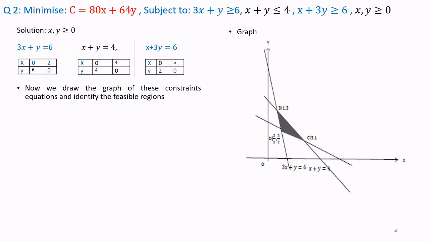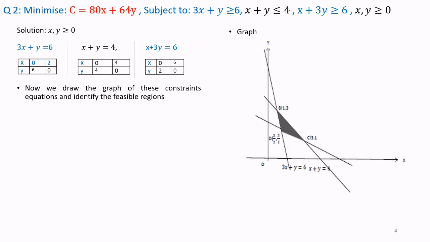So these lines are intersecting one another at points B, C and D. These 3 points you have to identify and draw the shaded portion, the feasible region. Now you will have a confusion whether you have to take the lower feasible region or the upper feasible region.